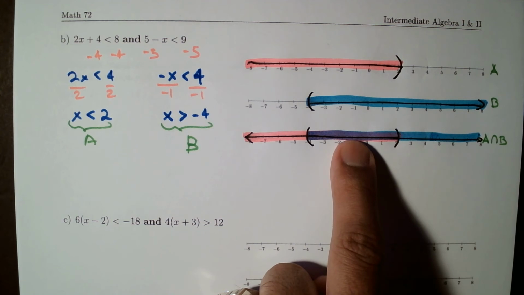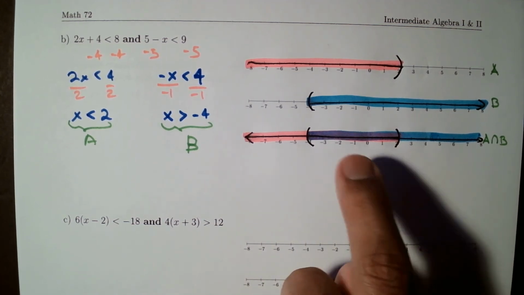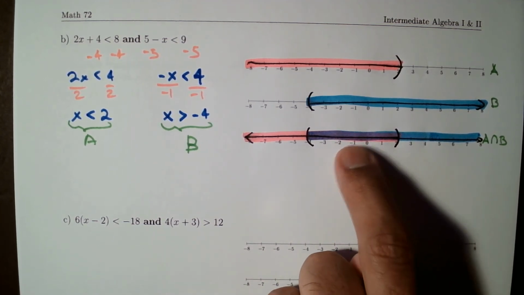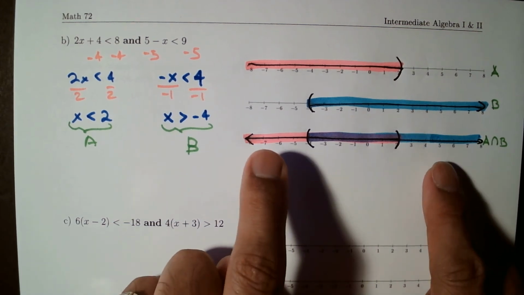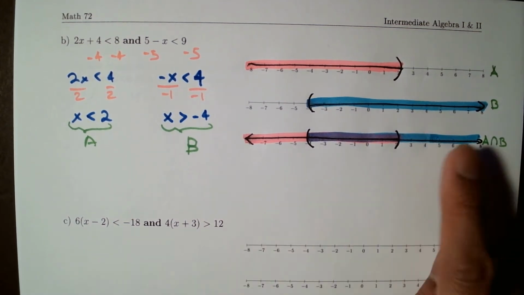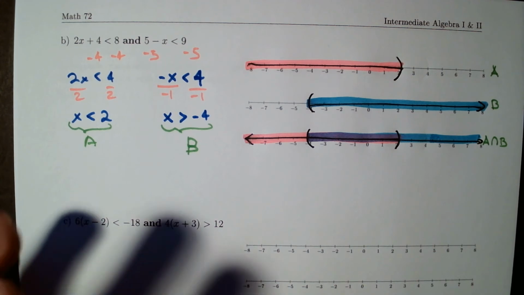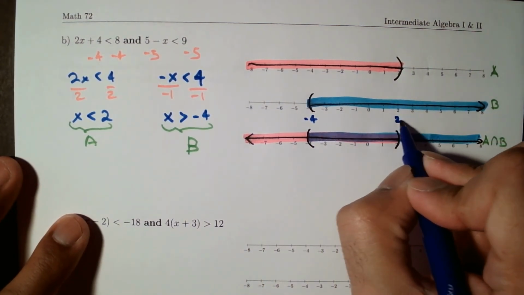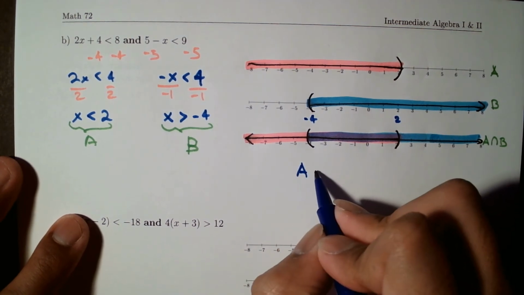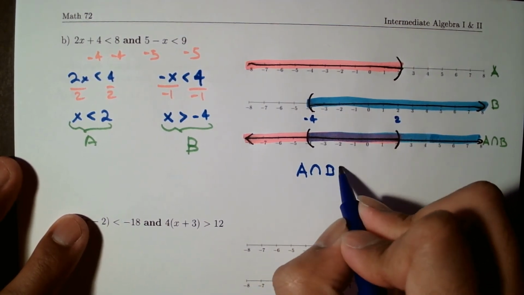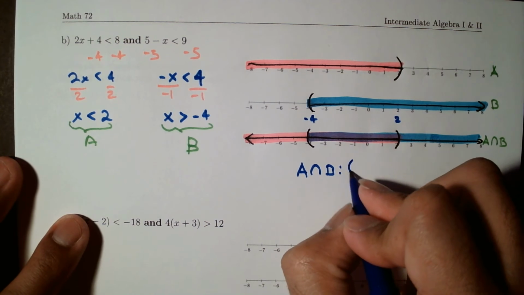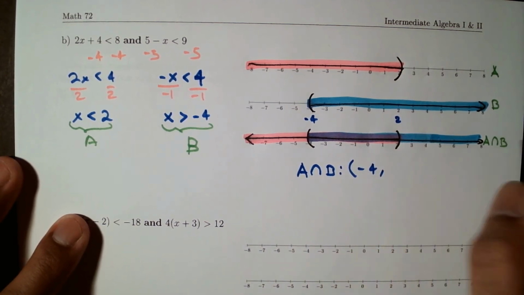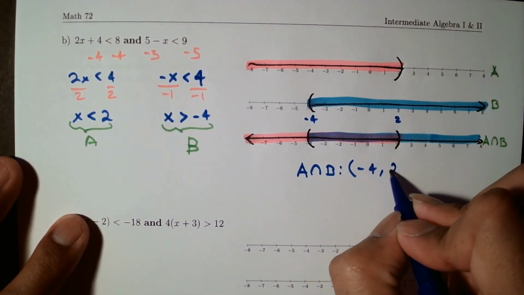Some part of this shading turned purple, because the combination of pink and blue is purple. So in this case, we're looking for that part which is -4 all the way to 2. So the intersection of A and B will be -4 to 2.